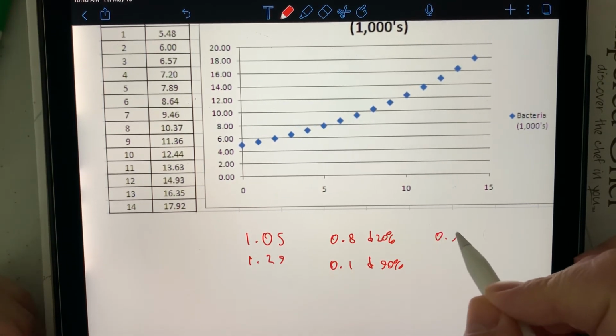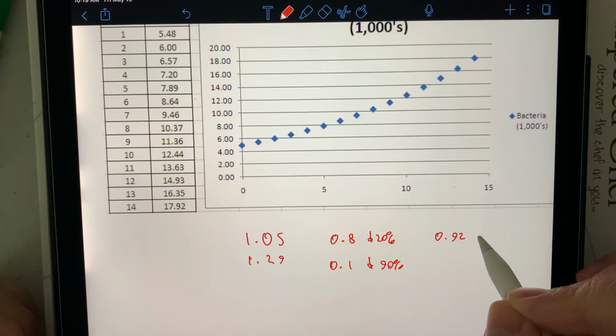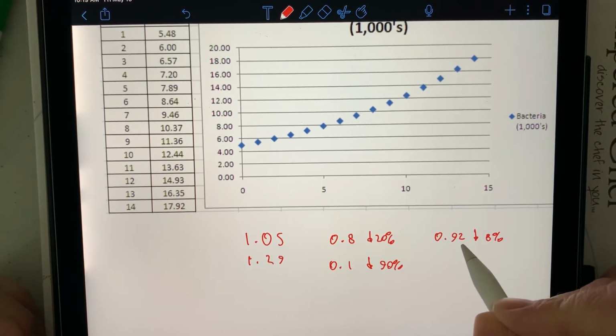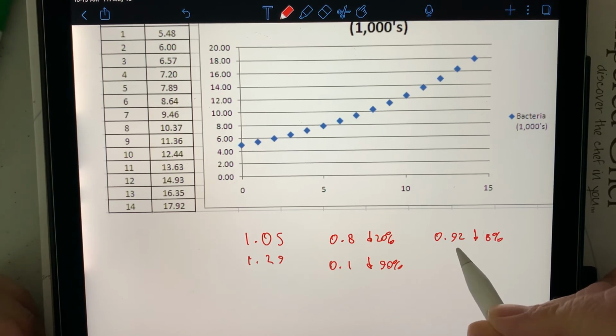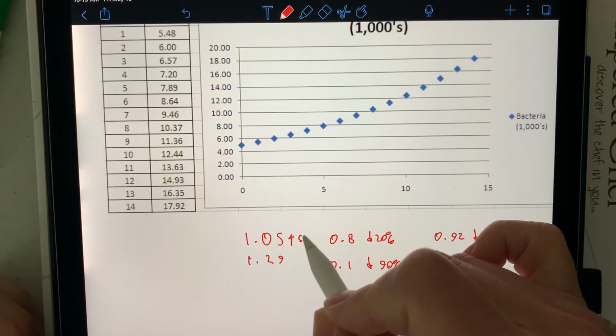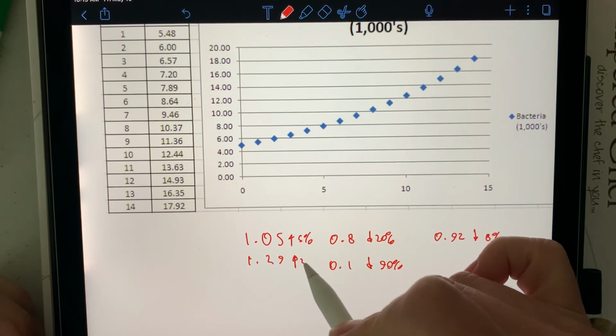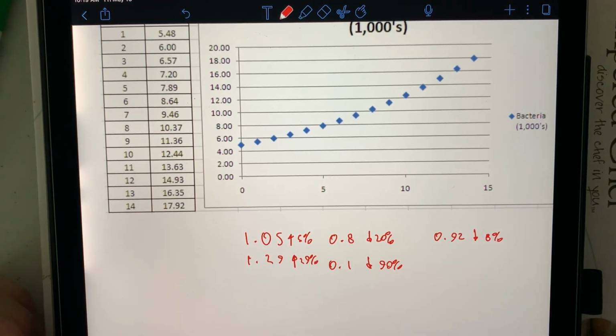If it's 0.92, then that's a drop of 8%, because I went from 100 to 92. And again, this is going up by 5%, this is going up by 29%, etc. So you get the idea.